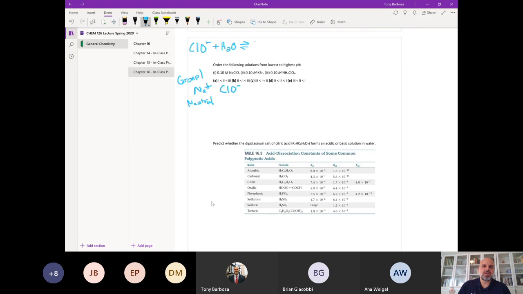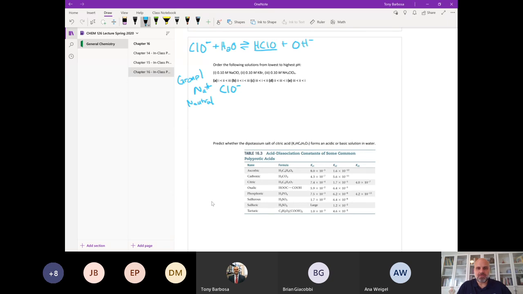You end up with HClO plus the hydroxide ion. And the question is, is this a strong acid or a weak acid?